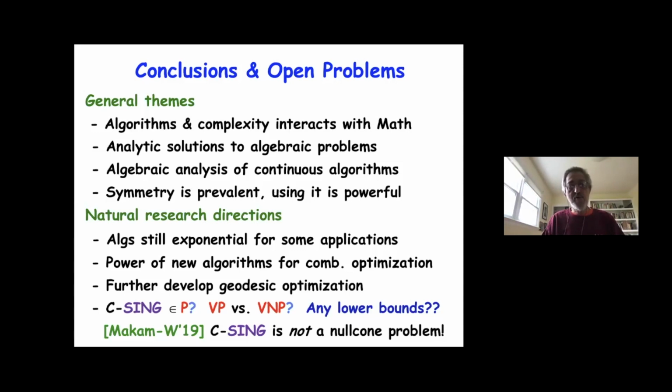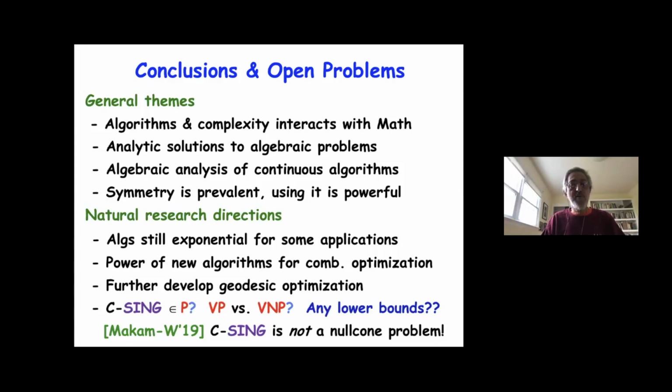And finally, I want to return to the question: can you prove P different than NP, or VP different than VNP, using gradient descent? So basically, we have these geodesic algorithms like gradient descent, and they solve null-cone problems all over the place, of lots of different kinds, and in particular, this non-commutative singularity problem.